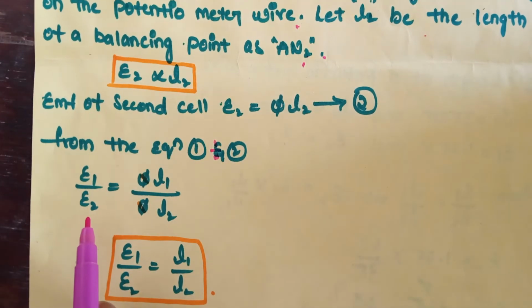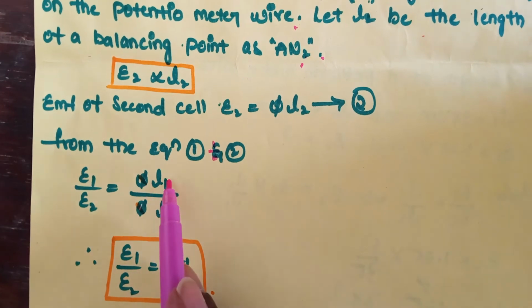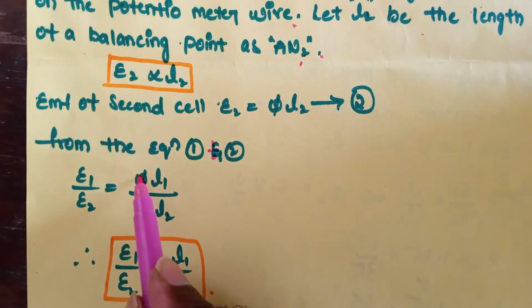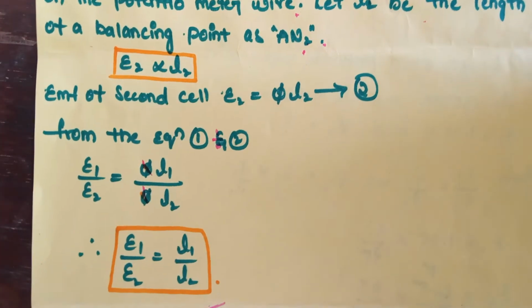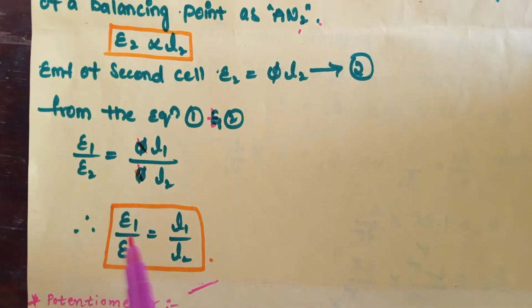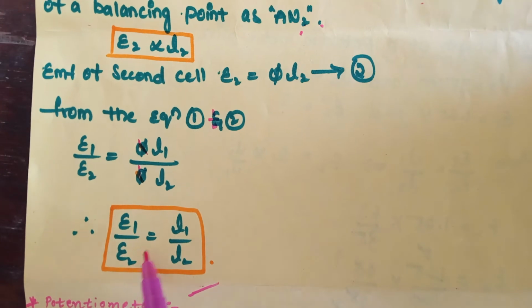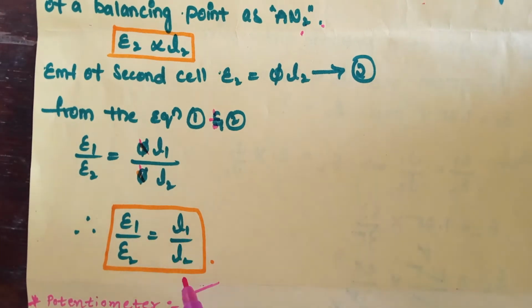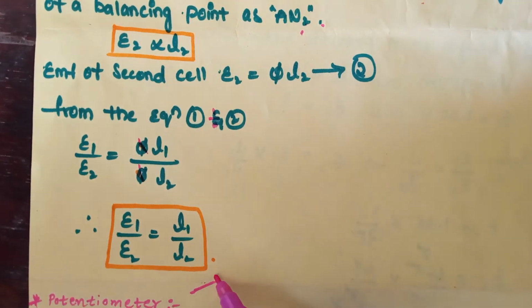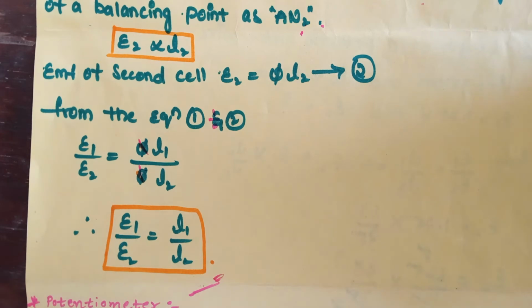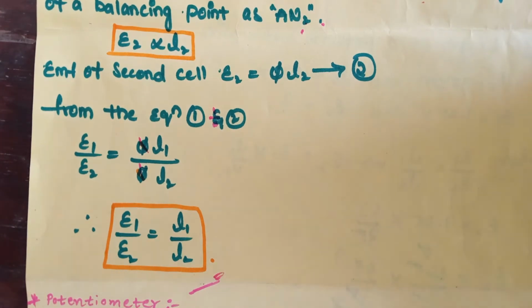Epsilon 1 by epsilon 2 is equal to pi L1 by pi L2. Here pi gets cancelled. So finally the expression is EMF1 by EMF2 is equal to L1 by L2. Now this is the comparison of EMF of two cells.